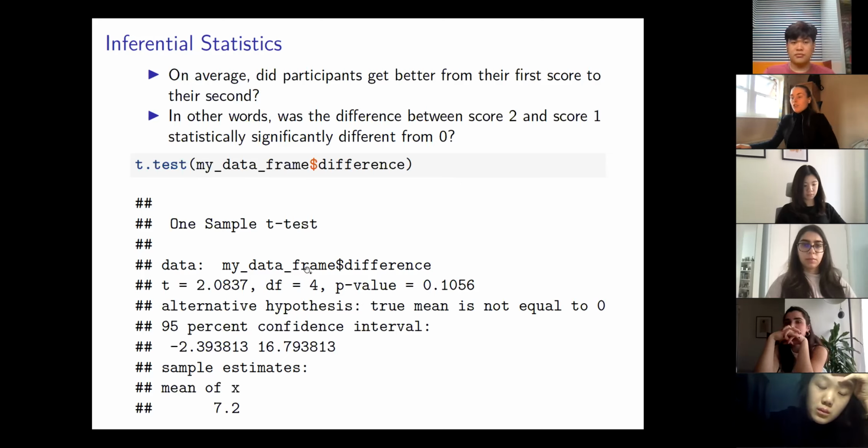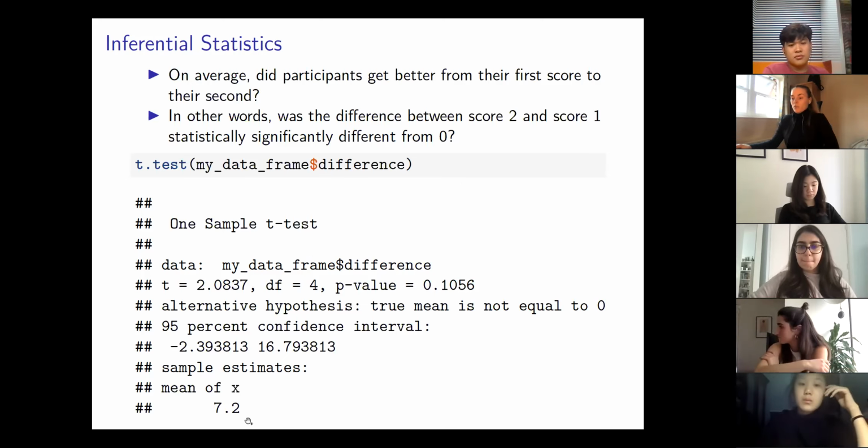And then it gives you the mean. So the mean difference was 7.2 points. So that means that on average, people got 7.2 points better on their second test than on their first test. But our p-value is 0.105. So we can't say for sure that we know there is a positive difference because our confidence interval crosses 0 here.